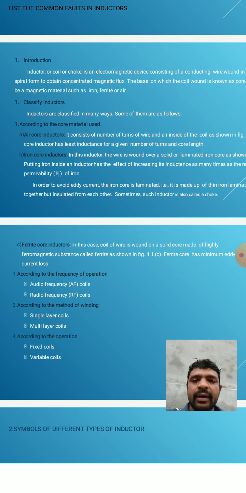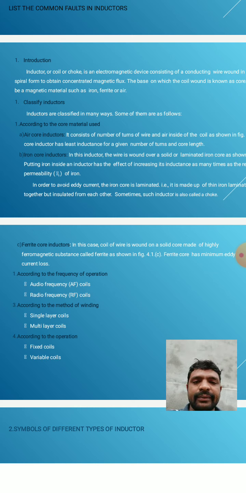Next topic, classify inductors. Inductors can be classified in many ways. According to the core material used, we have three types: air core inductors, iron core inductors, and ferrite core inductors.